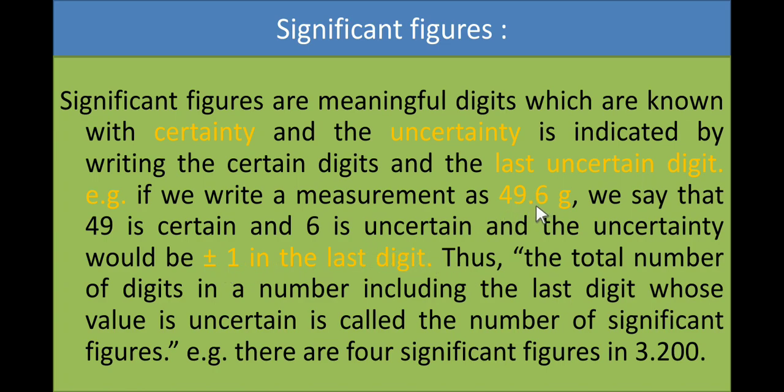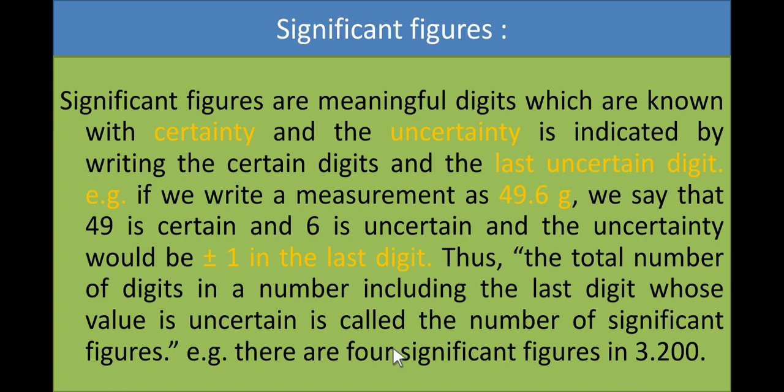because after 6 there may be some digit. Therefore we are not certain about this digit. Thus the total number of digits in a number, including the last digit whose value is uncertain, is called the number of significant figures.